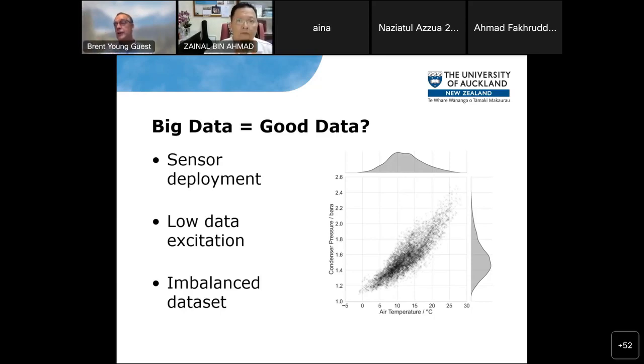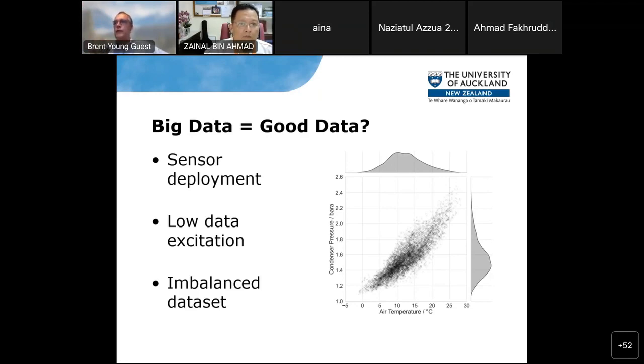There are few data points in the top left quadrant of the figure, and few data points in the bottom right quadrant. You can see the probability density distributions of the data points indicated at the top and right-hand side of the figure. This we would call a relatively imbalanced data set, and that's true of most industrial data.